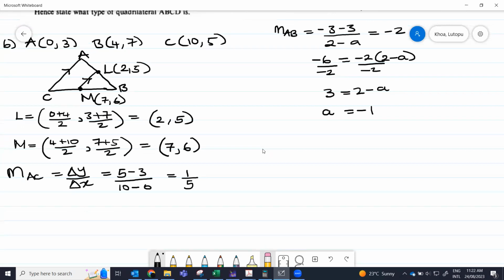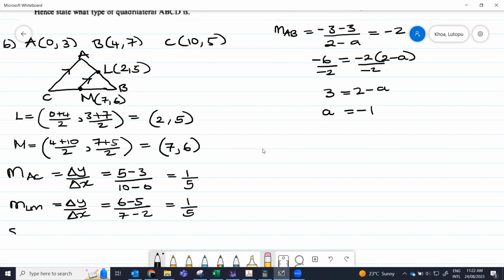And then we do the same thing, the gradient of LM. This, again, is delta Y over delta X. This is 6 minus 5 over 7 minus 2. This is 1, this is 5, so we have 1 over 5.